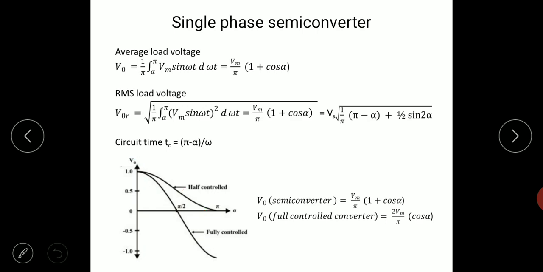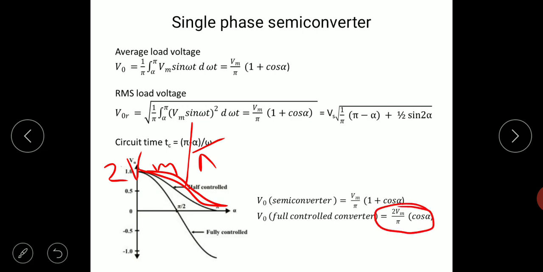So the half control converter voltage range is from 0 to 2 Vm by pi, and the range for the full control converter is between plus 2 Vm by pi and minus 2 Vm by pi.